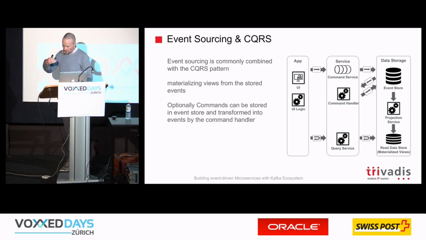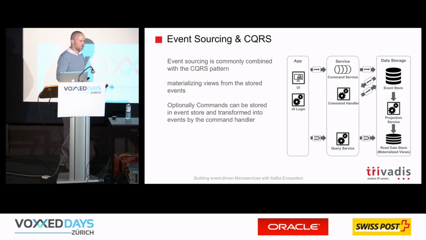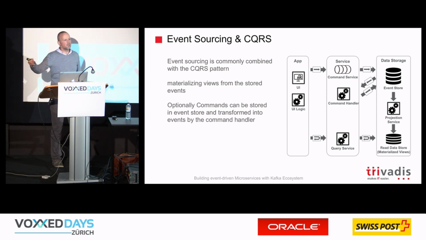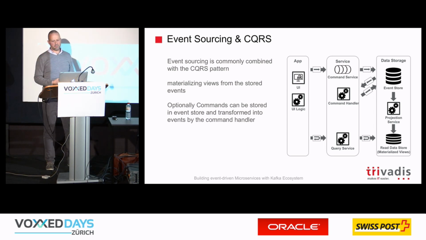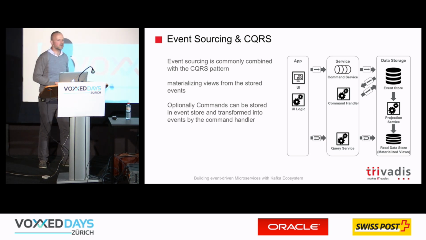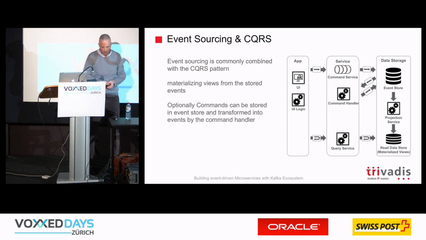And if the event store never forgets, I can also create new materialized views much, much later. I'm just reading from the beginning, and then kind of bootstrap my new materialized view from the beginning of the event source. I'm reading all the events I'm interested in to store in the materialized view.